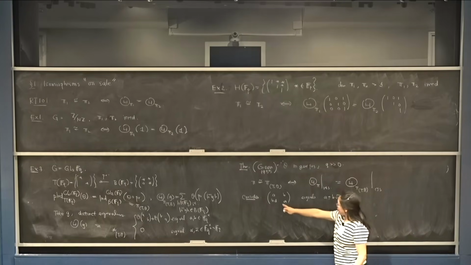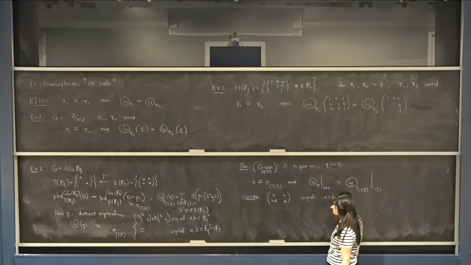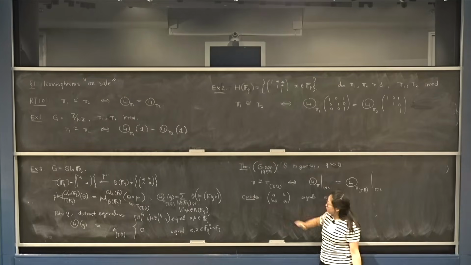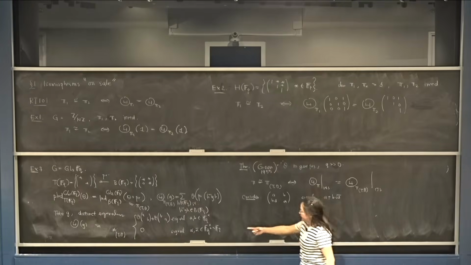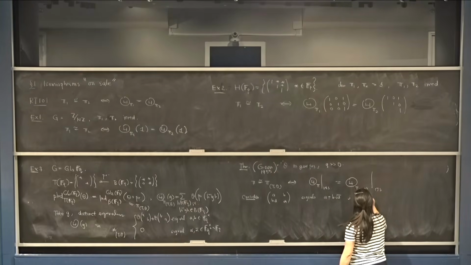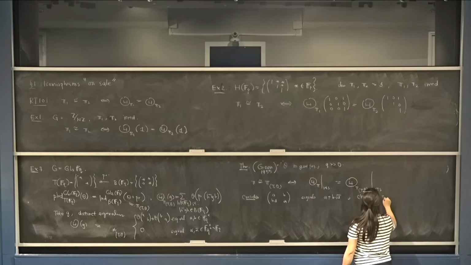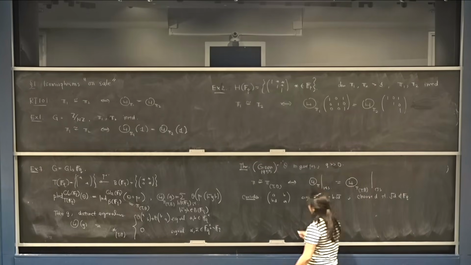And so that means that if I choose d so that square root of d is not in Fq, and in particular d is not 0, then this thing will have distinct eigenvalues, and it'll be something in this second case, right? And so let's do that. So choose d so that square root of d is not in Fq.